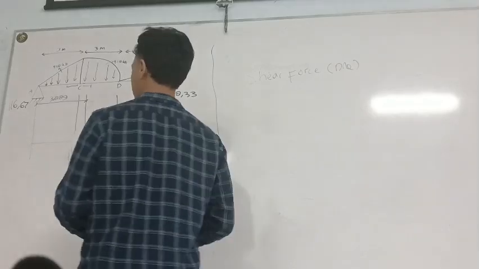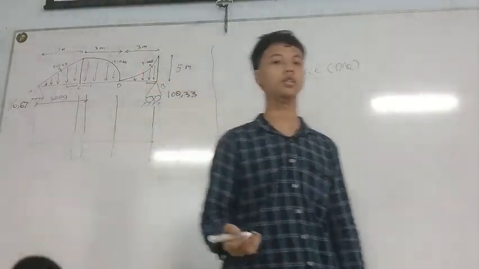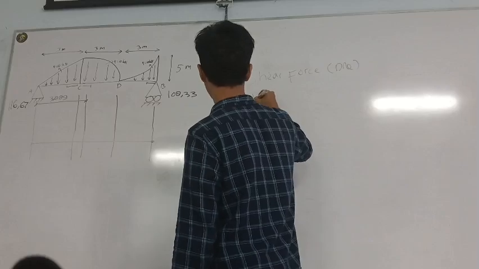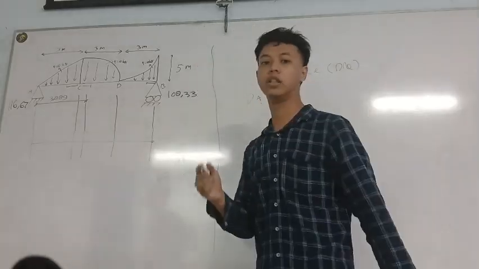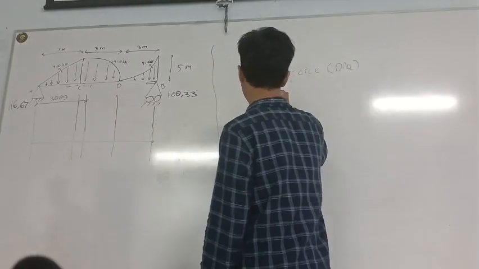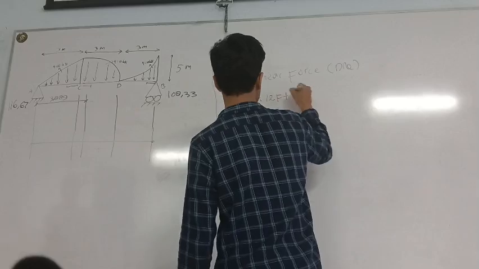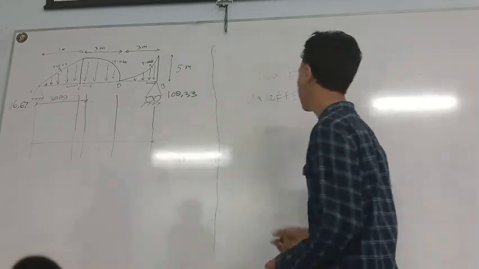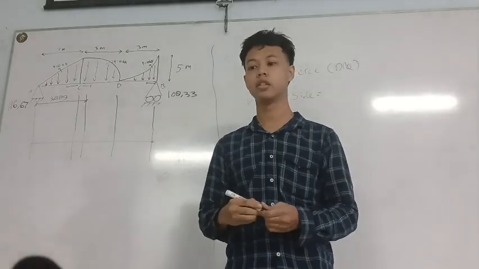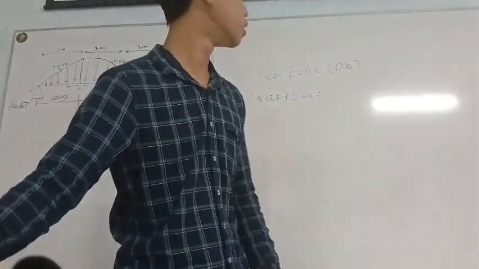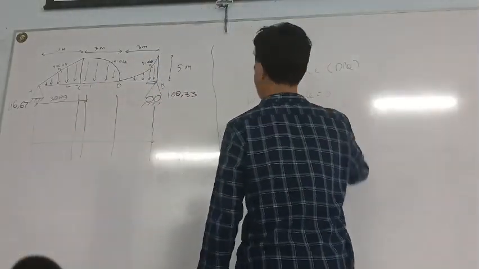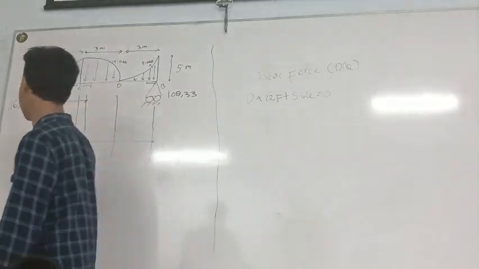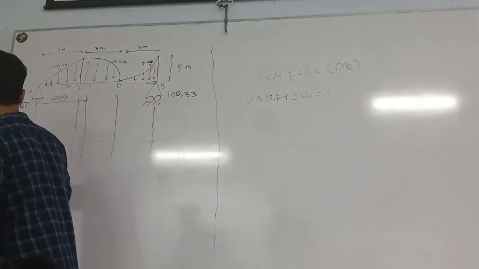So we got a point of TA on the left side. TA left side is equal to 0, because on this left side there is no force, so it's 0.